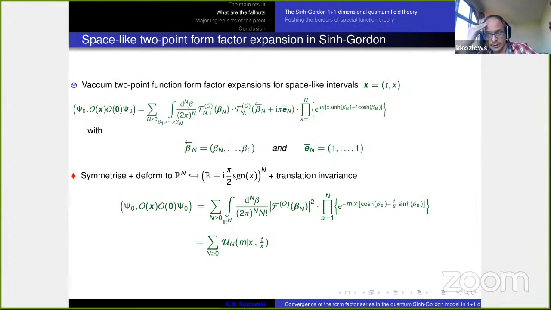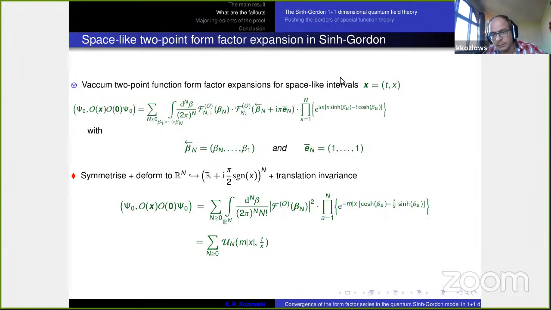So it's a sort of invariance of your theory through Lorentz transformations. And so then, once you do this, you see that the integrand is symmetric. You can symmetrize the integrand. You can move and deform contours in the integration plane.